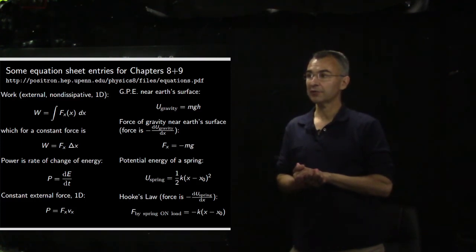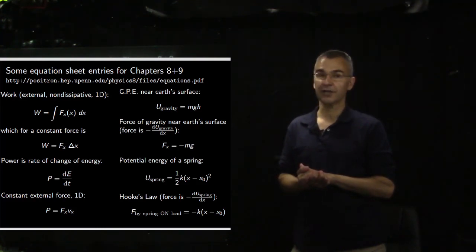We have work being change of energy across a system boundary due to external forces. And that also means that work is the integral with respect to position of external force. Then we have impulse is the integral with respect to time of an external force, and impulse is the transfer of momentum across a system boundary.